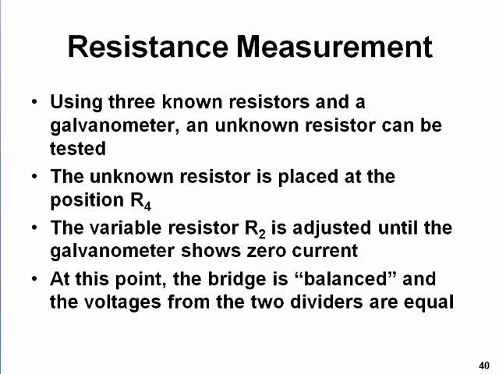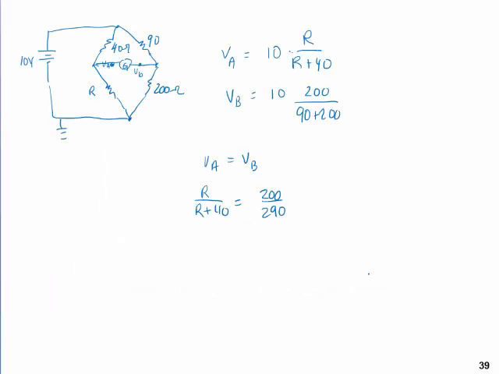Going back to the circuit I just had drawn a moment ago, I'm going to change this resistor to some variable resistor, but if it's an unknown resistor, I probably have a variable resistor in there and my unknown resistor, so there's a total resistance there, and you will adjust this total resistance until you get your Wheatstone bridge to be balanced. So it does take some knowledge of what range of values based on these other known guys that you can work with, but then you can very precisely measure the unknown resistance that's in the circuit.